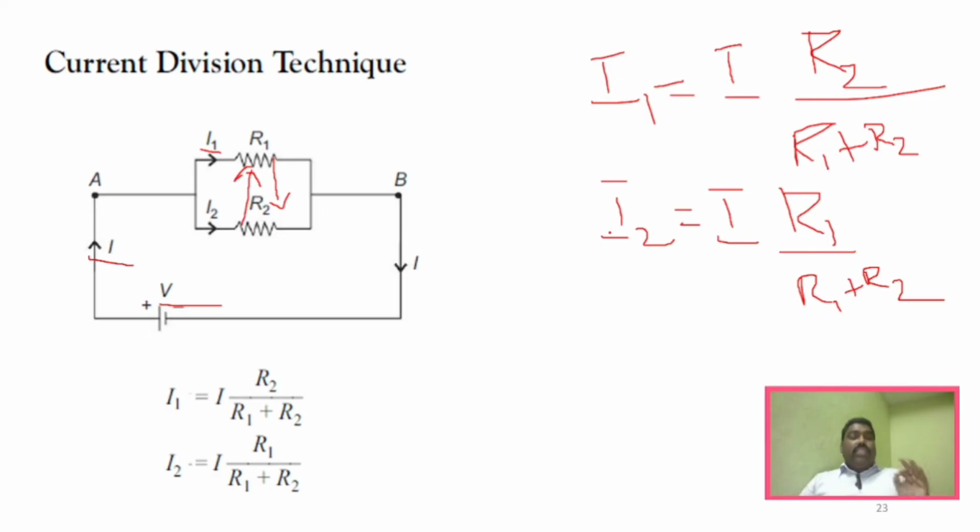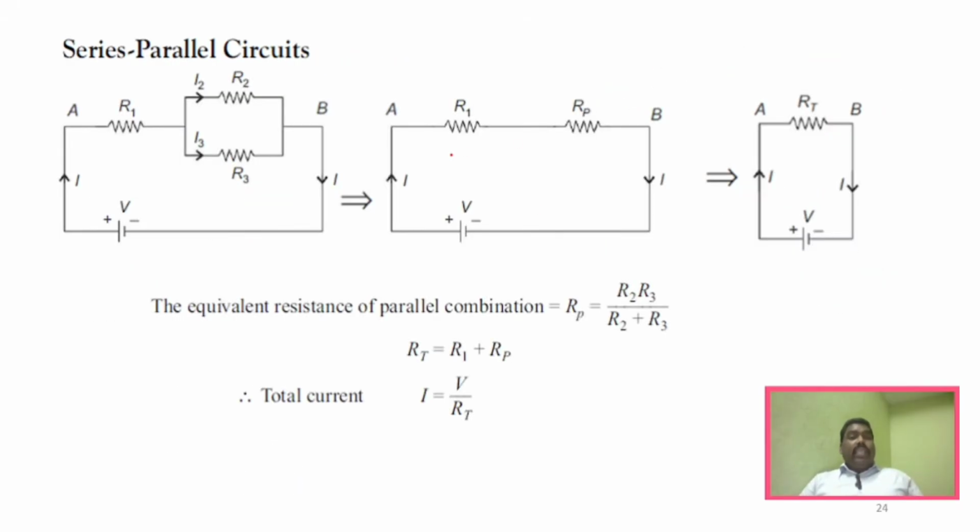All these are very basic concepts, very important formulas, right? And then series and parallel circuits. How to convert a series and parallel circuit, right? So I need to find out RT here for this particular circuit. If I need to find out RT, or I need to find out I, now what I have to do, you can see here there is one resistor which is in series with these parallel resistors. So now these two are parallel.